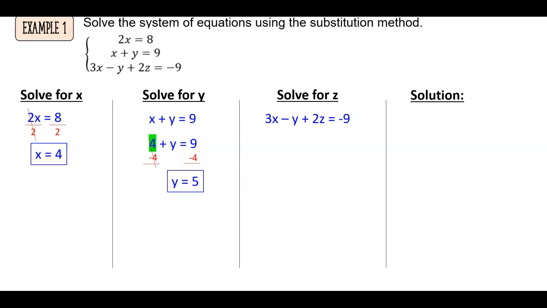And go ahead and substitute. Wherever you see x, go ahead and put a parentheses 4 instead. And then where you see y, you can just write 5. So it looks like this. I substituted x with that green 4. I substituted y with that bluish 5. Replace. Replace.